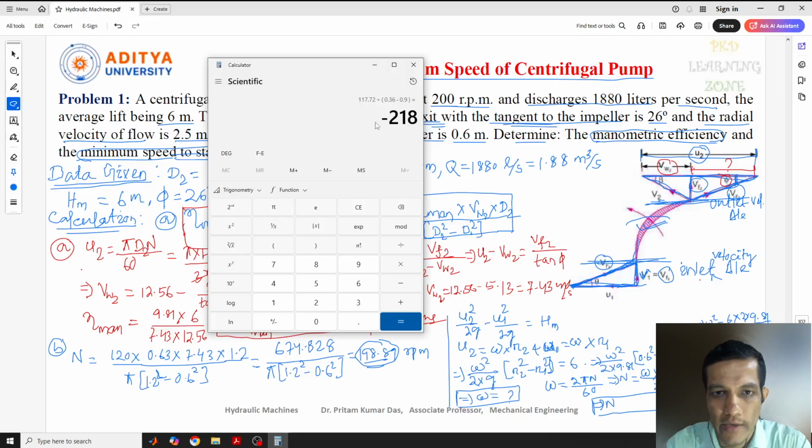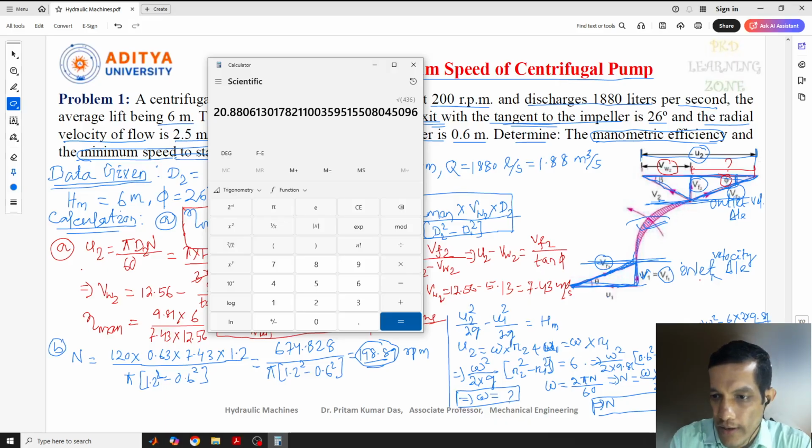That's why I was getting a minus value. Anyway, so again we write 6 into 2 into 9.81 divided by bracket start 0.36 minus 0.09, bracket close. Now we get 436, and we need to take the root of 436, that is 20.88.